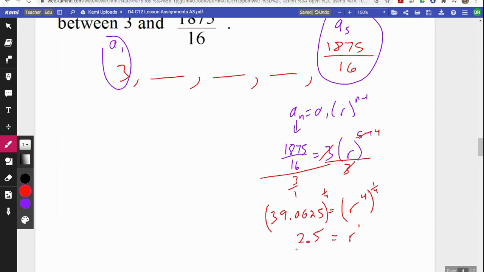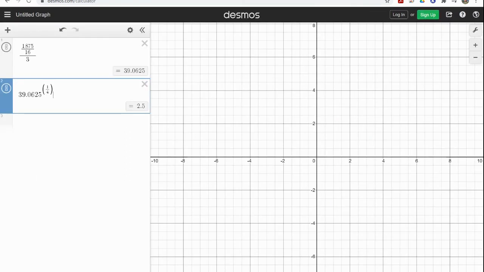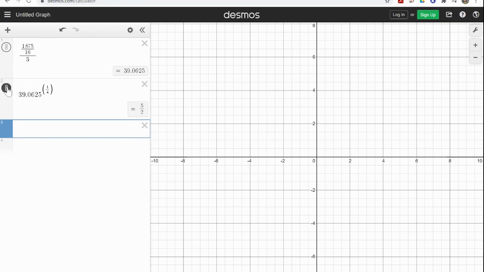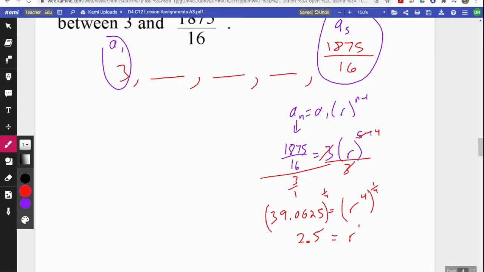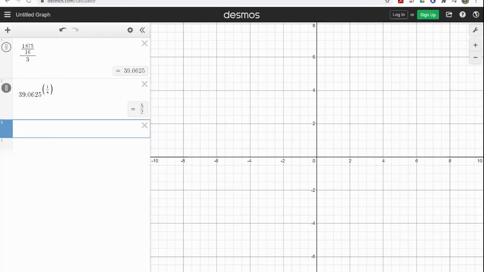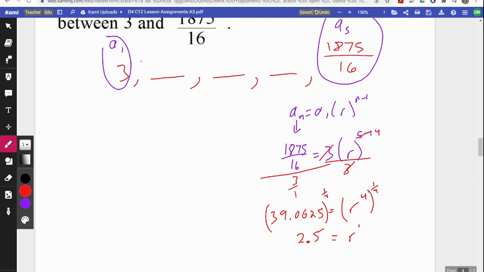So if that's our r, then we should end up with 1875 over 16 if we continue to use 2.5. And I should also keep in mind that I know 2.5 is, if I hit this fraction button, 5/2. So 3 times 5/2 is 15 over 2.